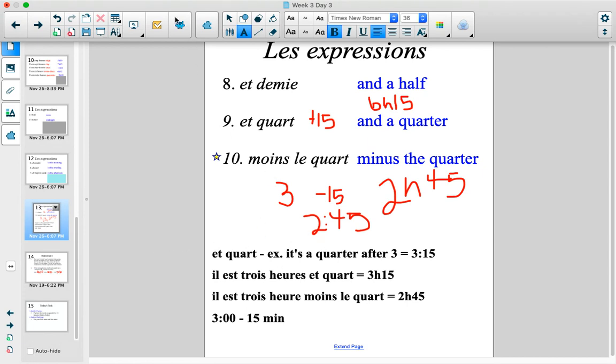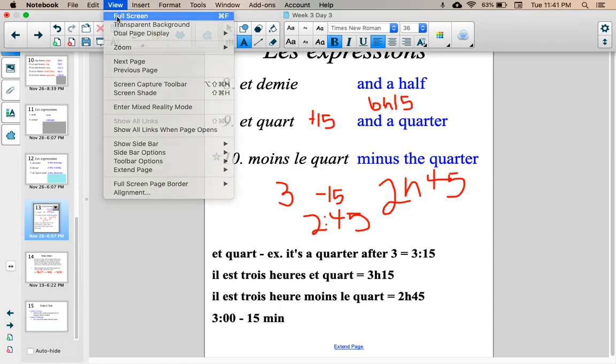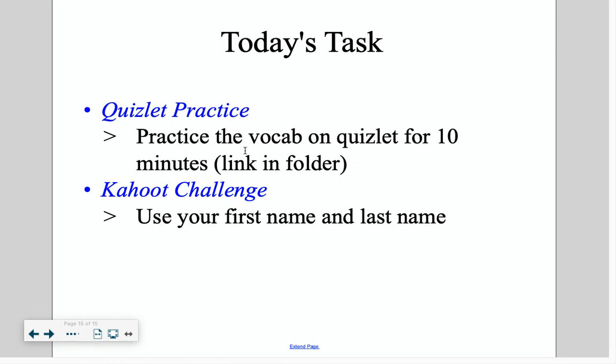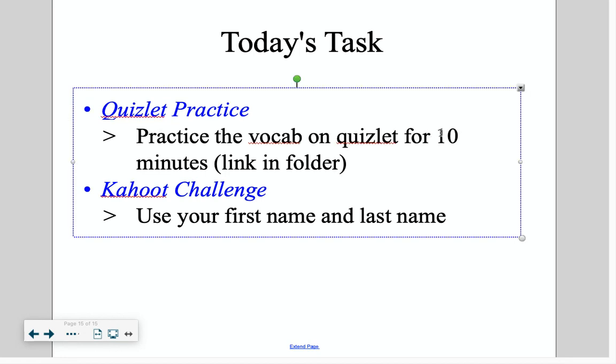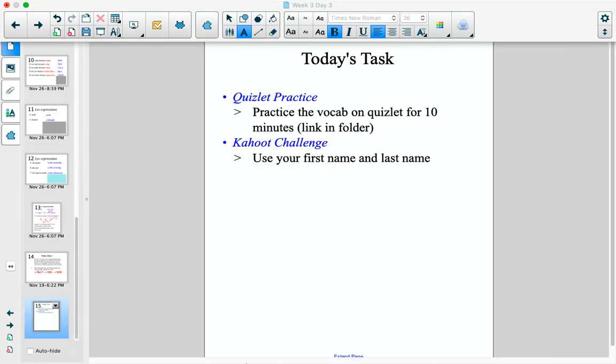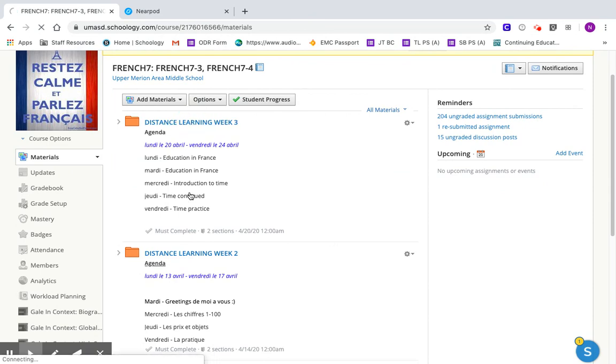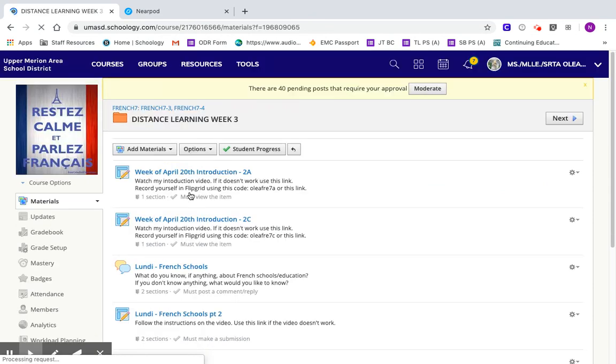So what you're going to do, kiddos, is there is a Quizlet link in your folder, where I want you to practice learning the expressions for 10 minutes, and then you can go ahead and do the Kahoot challenge. So let me go into Schoology here. Here's our distance learning folder today.